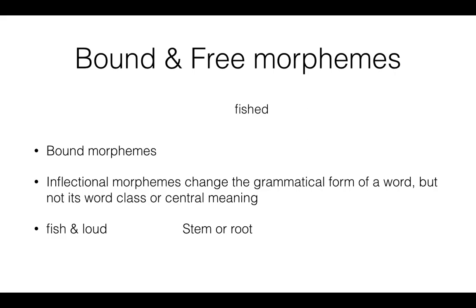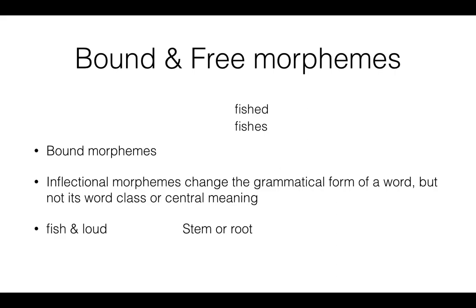Another one, fish, and then we add the third person singular: he fishes. In the present simple tense, when we have he and she, we add s. Here, because we have fish, we have to add es. So es, or s as such, is an inflectional morpheme.